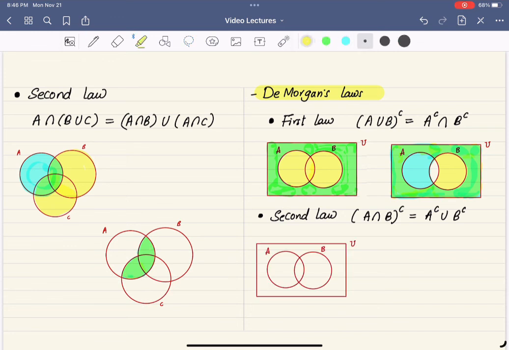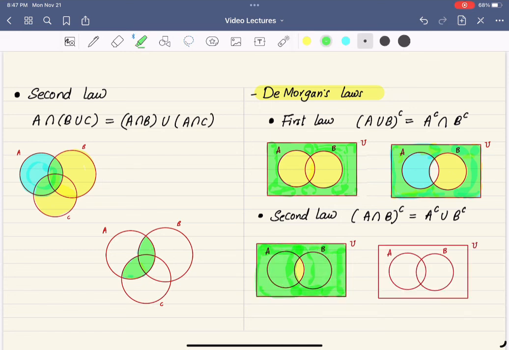To see it with Venn diagram, consider A intersection B, then its complement is given by this area shaded in green outside right here. And for the right hand side, you consider complement of A, which is given by the area outside of A right here. Cool.